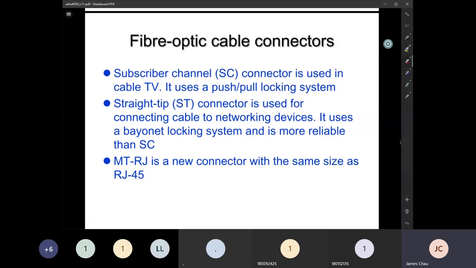And for the connector, you may see that we have three different types of connector. The subscriber connector, SC: if you are subscribing to an internet service using optical fiber, normally we are using this one because it is a connector of cable TV, and it is using a push-pull locking system.